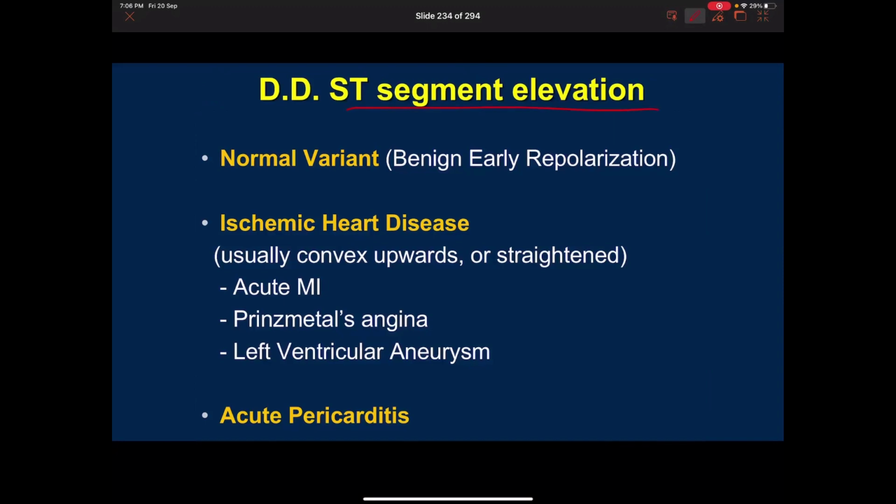Now, let me give you a scenario where a patient did an ECG that showed that he has STEMI, but then he did a second ECG and everything went away. What do you think this can be?